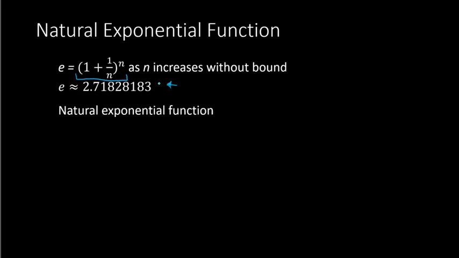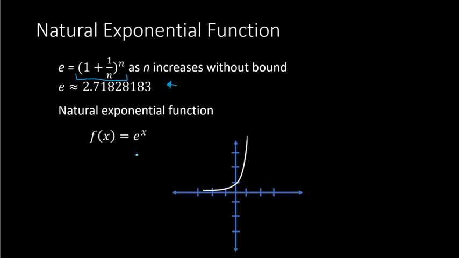So for example, here we have f of x equals e to the x power. If you were to graph this, it's going to look just like all your other exponential functions. It's going to look something like this, because you plug in different values for x, and we're going to get some number.